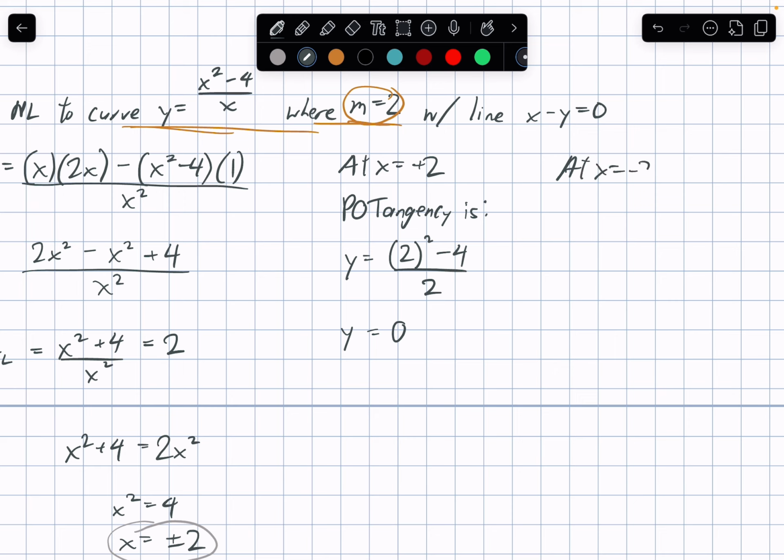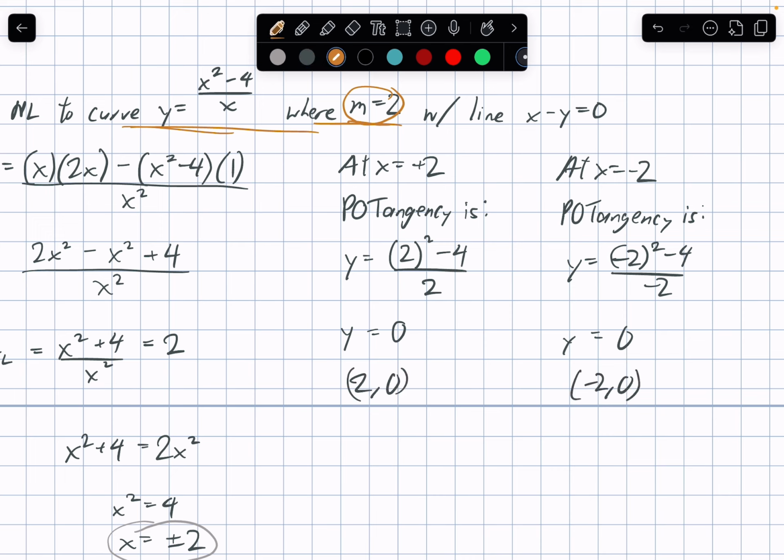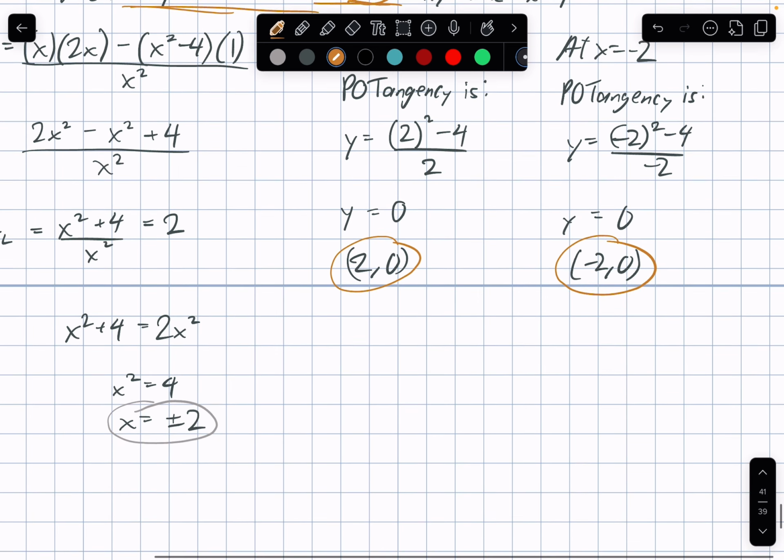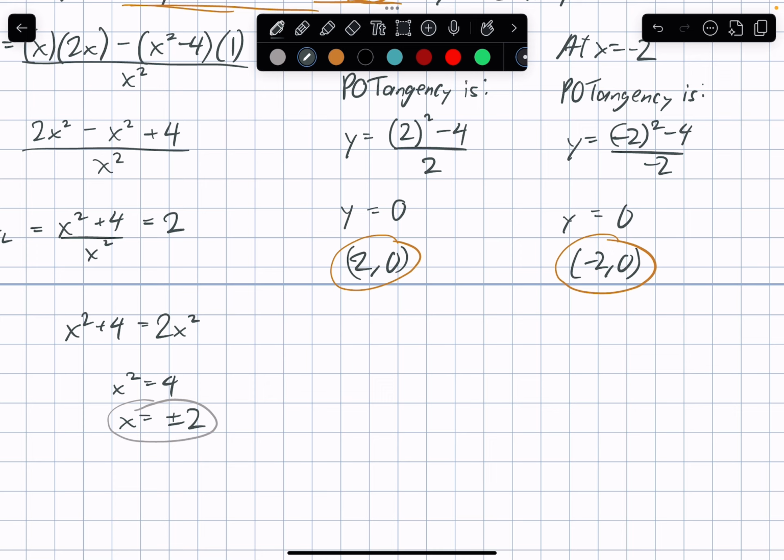At x equal to negative 2, the point of tangency is what? Negative 2 squared minus 4 over negative 2, still 0. So we have coordinates (2, 0) and (-2, 0). And continuing on, the point-slope form.